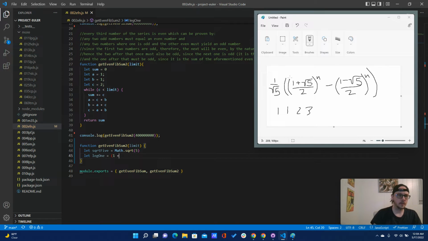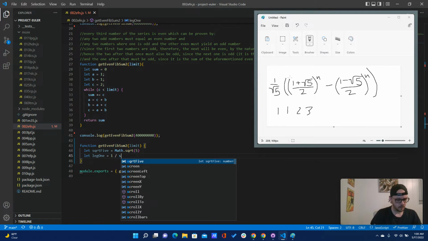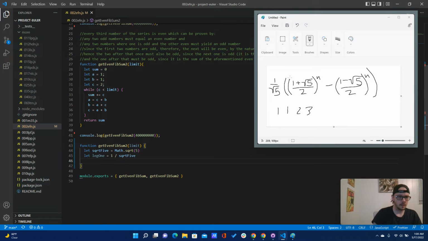Oh wait, no, we're getting too far ahead of ourselves. 1 plus square root 5 divided by 2.